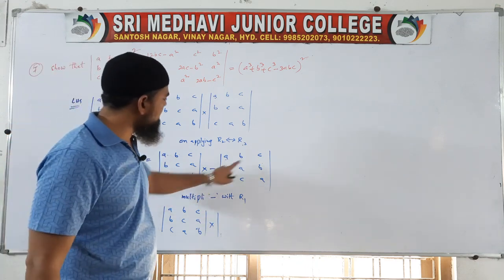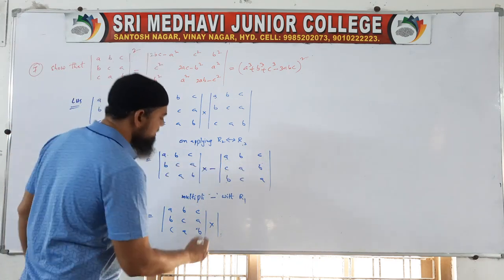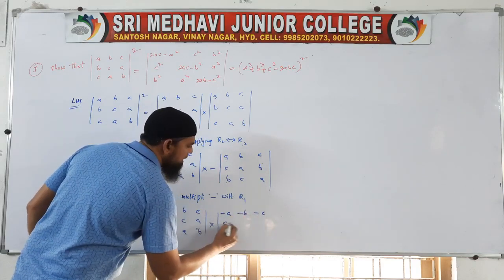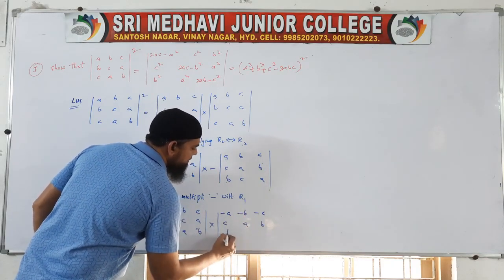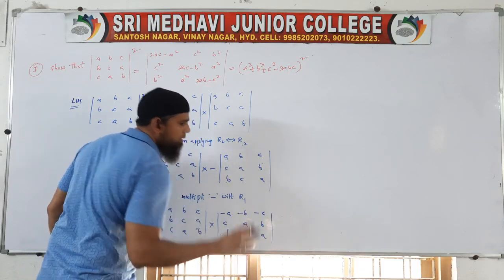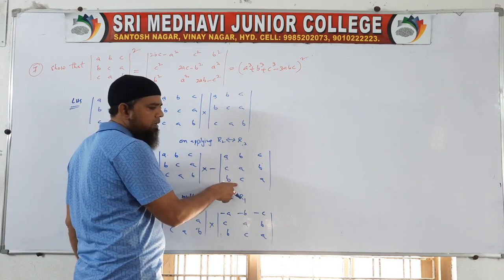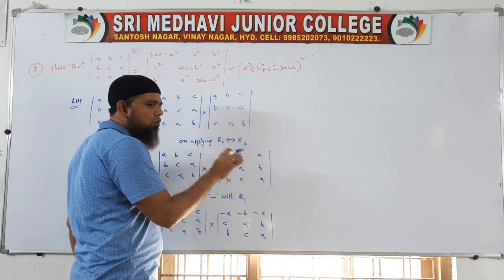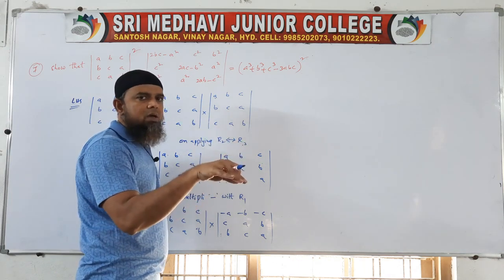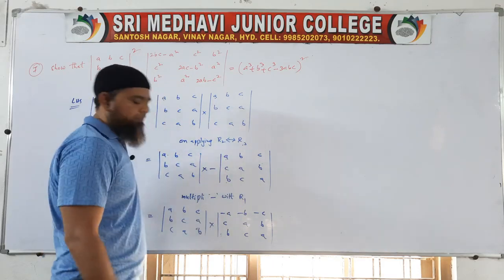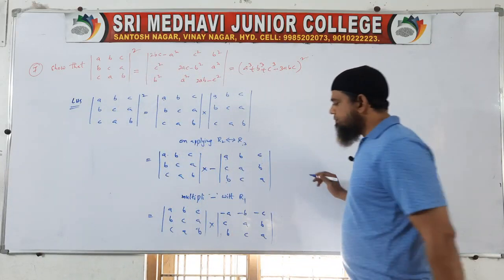So this minus is multiplying with R1. So what I have to write here? Minus A, minus B, minus C. The remaining are same: C, A, B, B, C, A. One more time I am telling, when we multiply minus with this determinant, this can be applicable only to any one column or any one row. So I am multiplying with R1. Now it is adjusted.